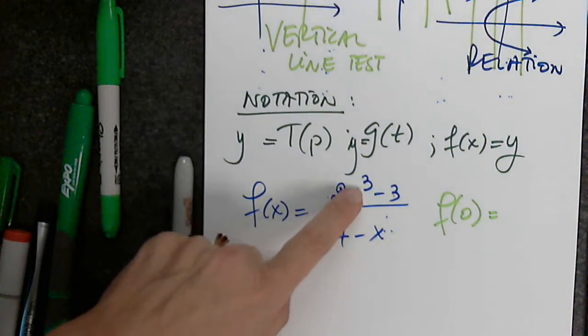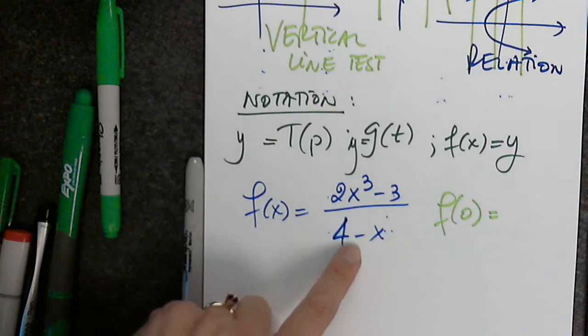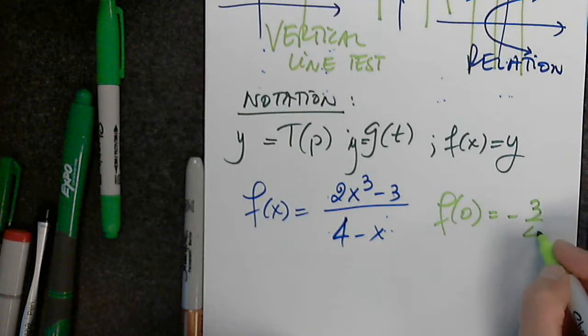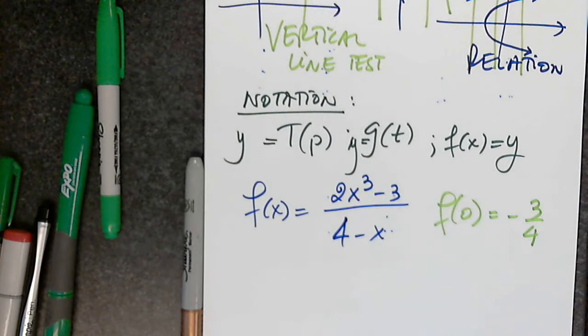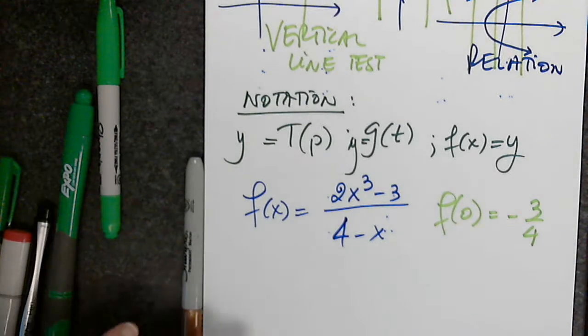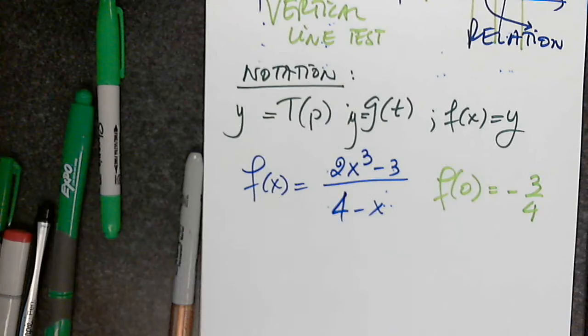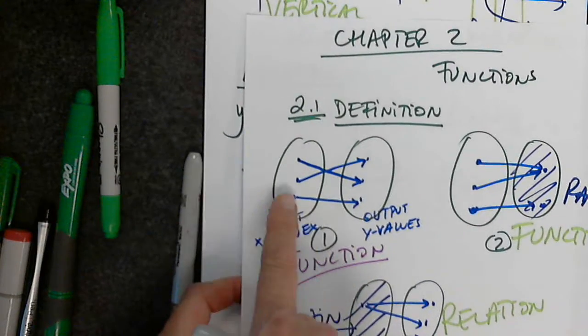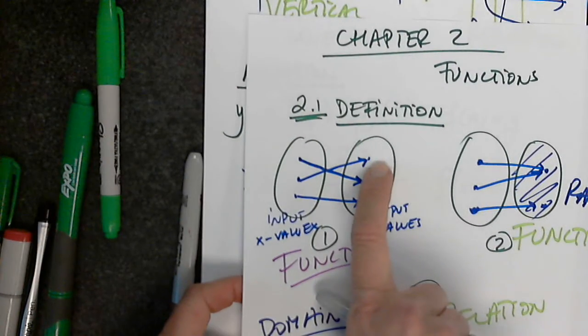Right, you will have 2 times 0 to the third minus 3, over 4 minus 0, which is negative 3 over 4, so it's negative 3/4. But what is more important here is, what does the function tell me? What does the function do with the input in order to get the output?